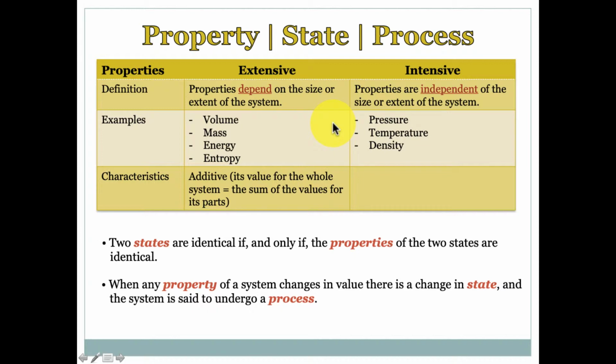Like the figure that we learned just now about the amount of matter, figure A and figure B, the whole assembled barbell and the weight plates. For extensive, properties depend on the size or extent of the system, like its mass and volume, which is the same as the several parts when the barbell and the weight plates are not assembled yet.